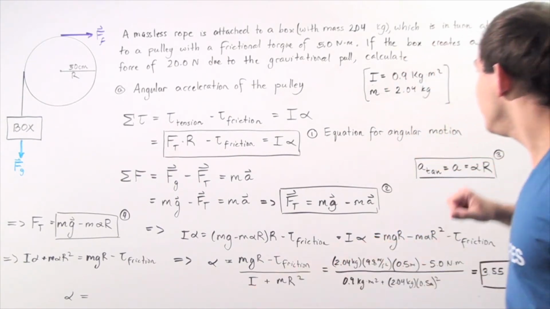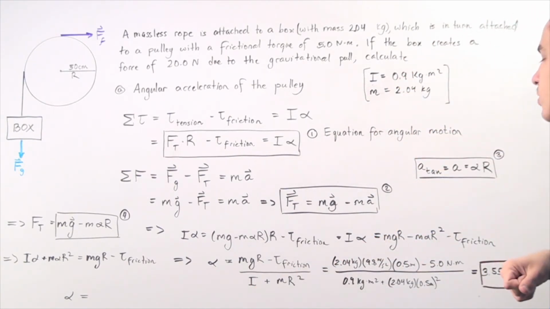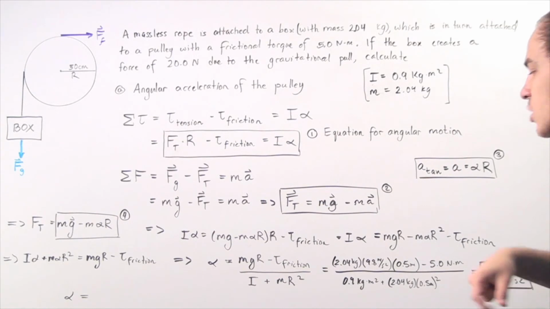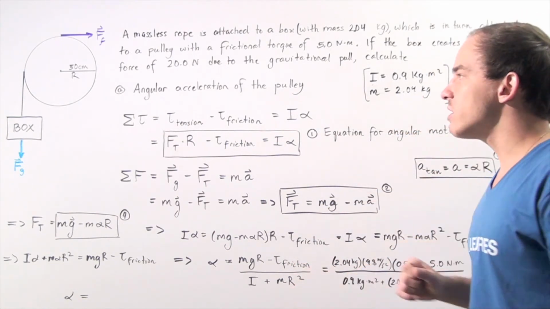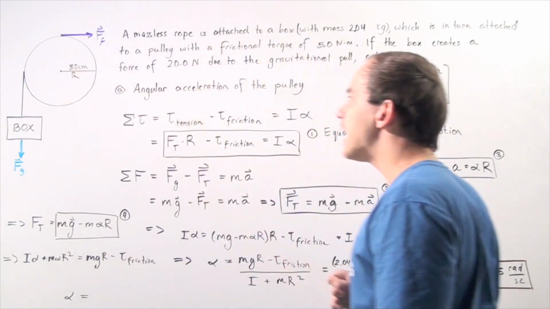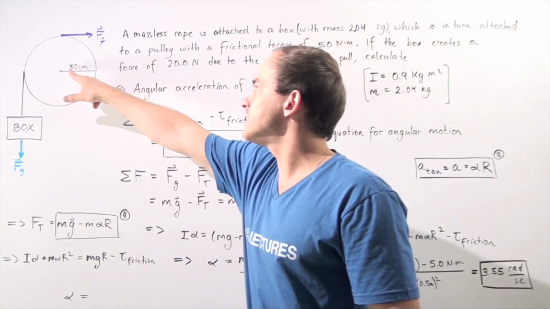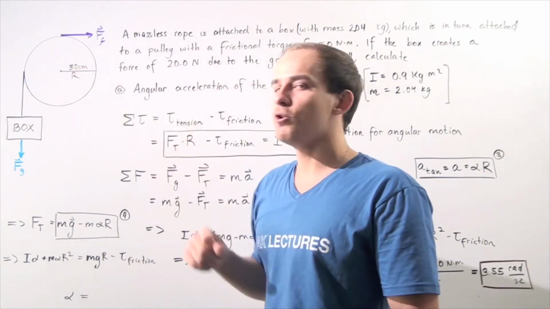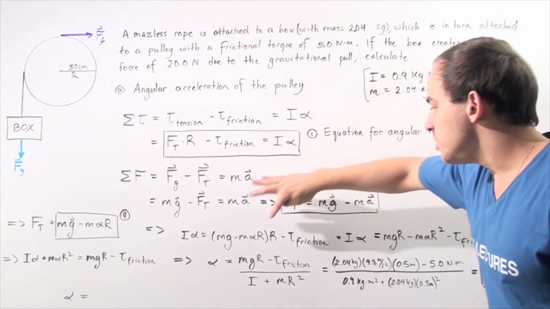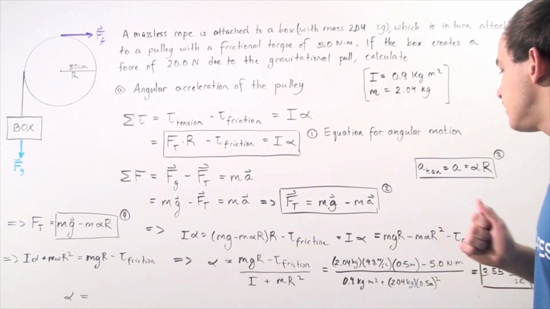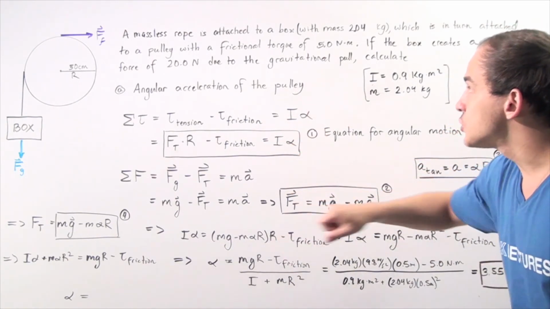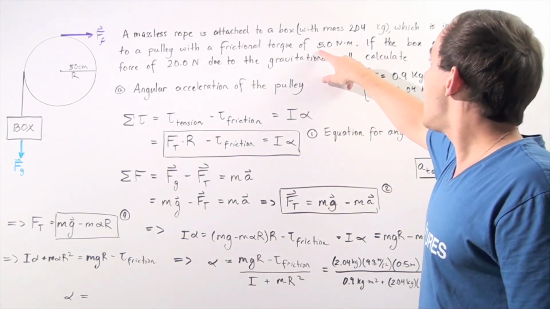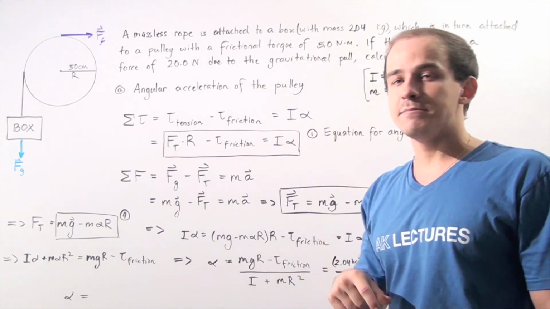So we know what I is, it's 0.9 kilograms times meters squared. We know what m is, it's 2.04 kilograms. We know what r is, it's 0.5 meters, so we simply convert centimeters to meters, divide that value by 100. We know what g is, it's our constant 9.8 meters per second squared, and we're given what the torque friction is. It's 5.0 newtons times meter.